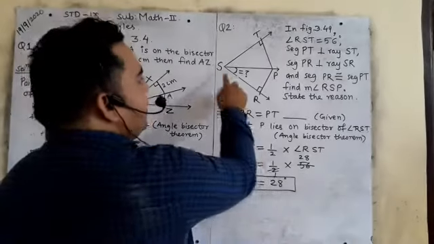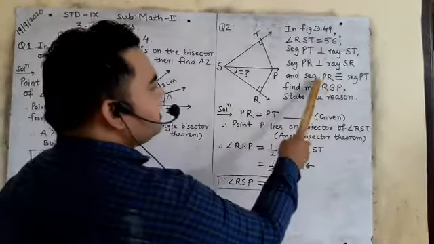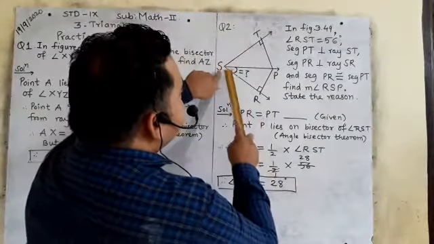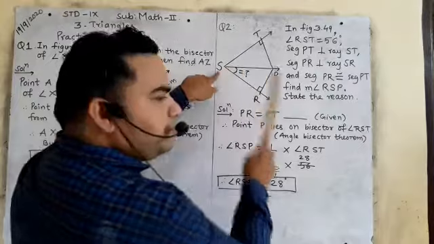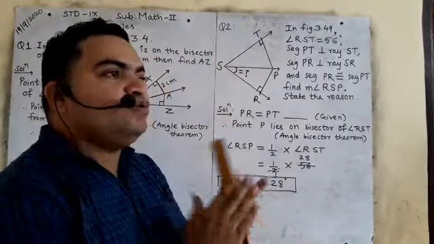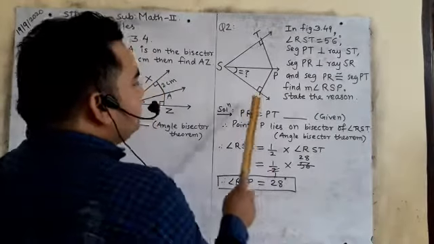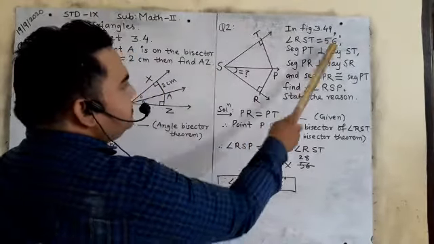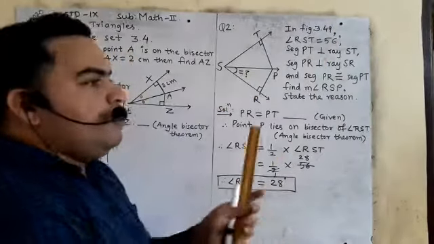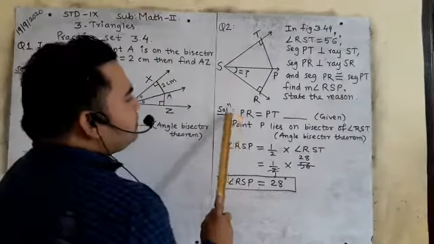It means ray SP will be an angle bisector which divides the angle into two equal parts, or two half parts. So angle RST is 56 degree. What will be its half part? It is 28.